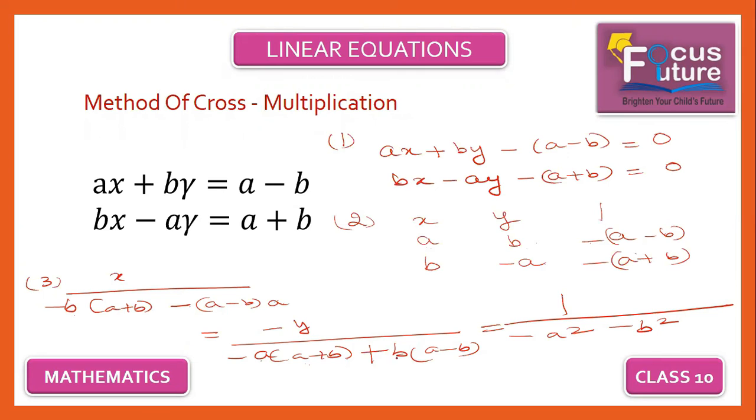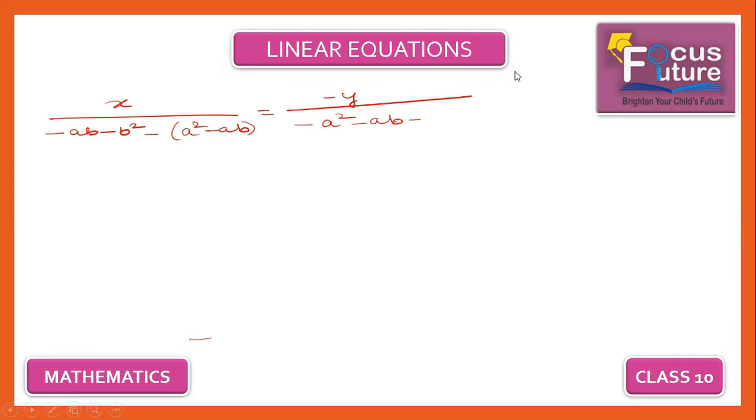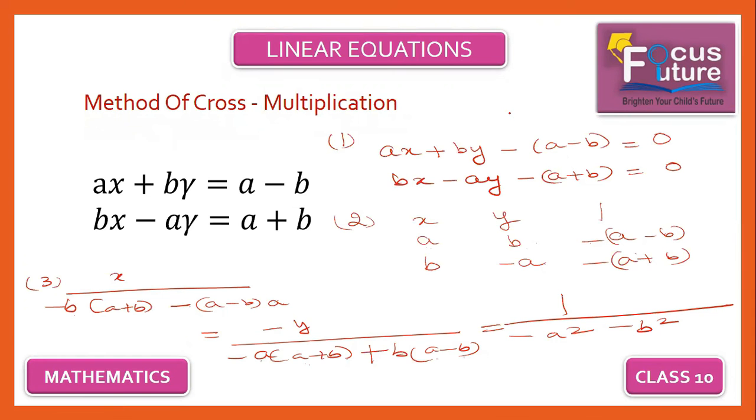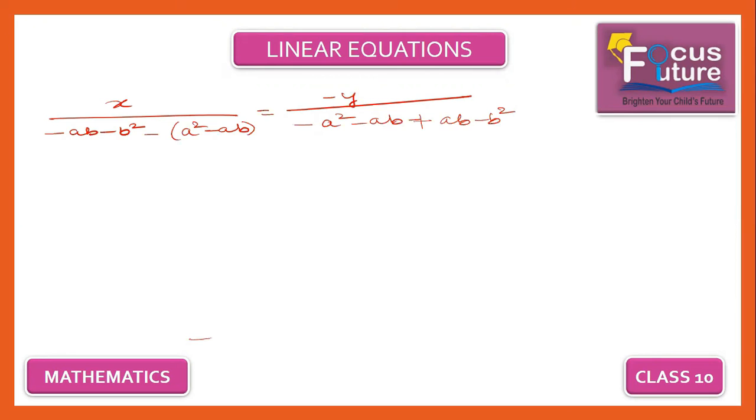Minus b into a minus b. So it would be ab minus b square. So we don't have minus, we have plus ab minus b square, right? ab minus b square. And 1 is 1 divided by minus a square minus b square. So take minus outside and you are left with a square plus b square.